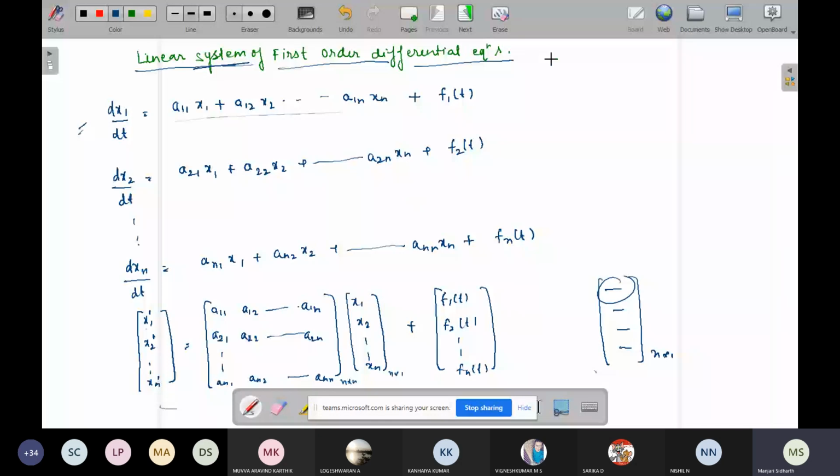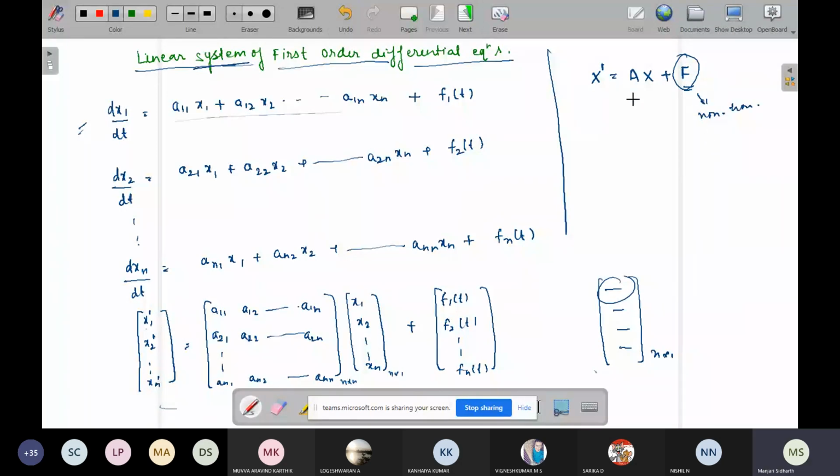Simply I can write this as x dash is equal to Ax plus f. If it contains f, this is the non-homogeneous part.